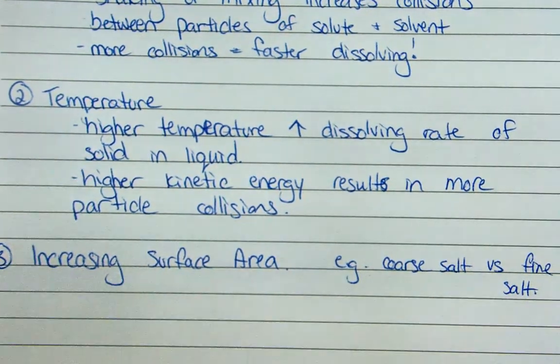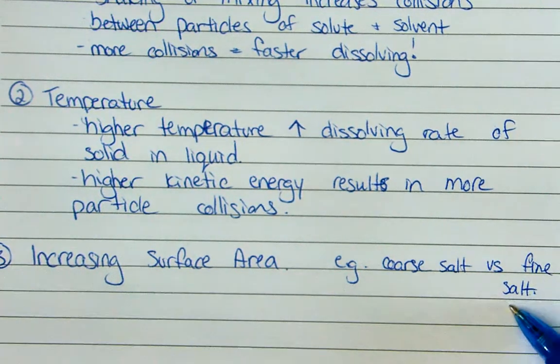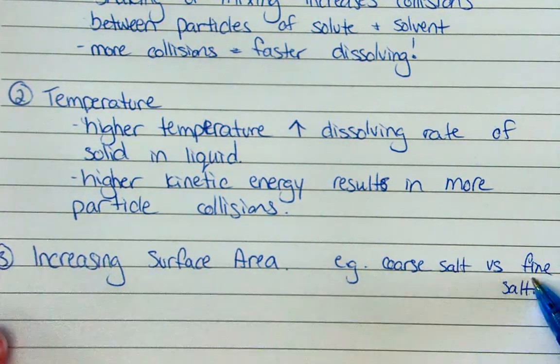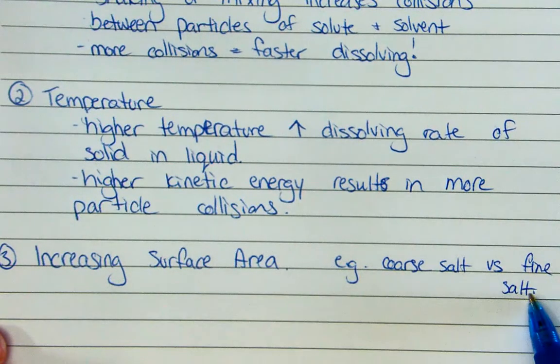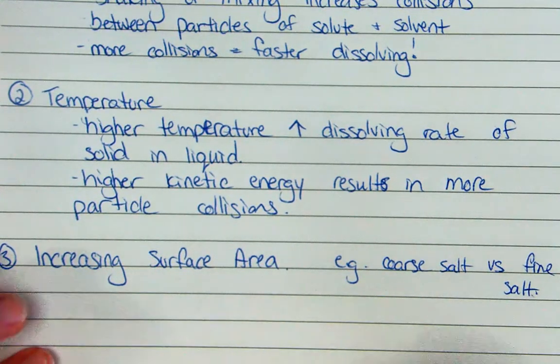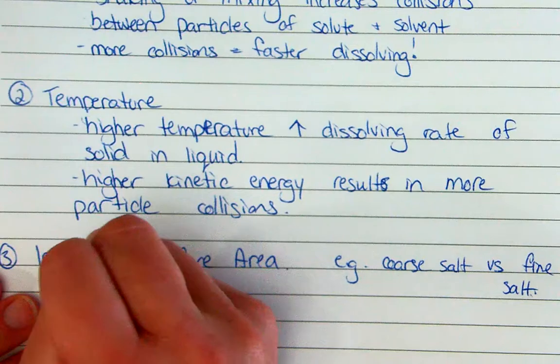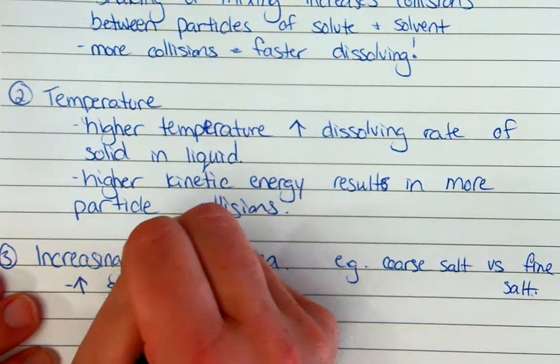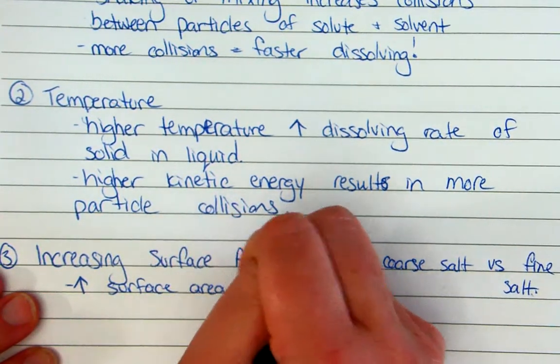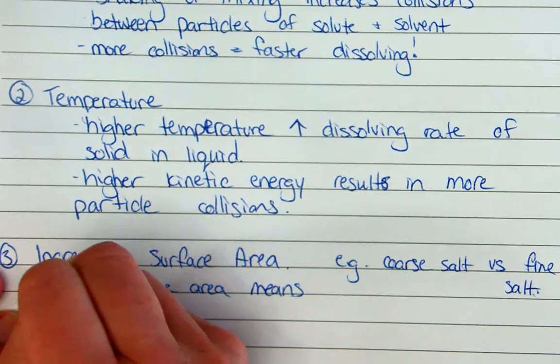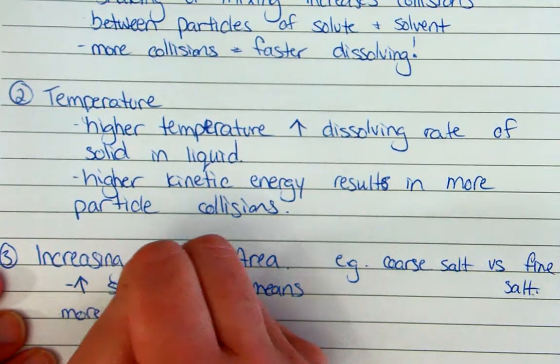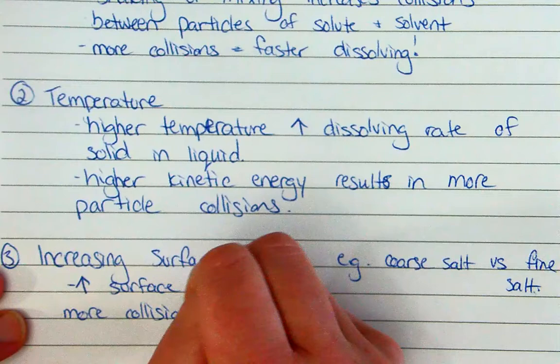If we had some rock salt, like the kind that we put on the roads in the winter, and tried to dissolve that in water, and actually many of you have tried to do that for me in previous courses, versus salt that we get out of a shaker, we're going to see that the fine salt dissolves a lot faster, okay? So a higher surface area means more collisions between particles.